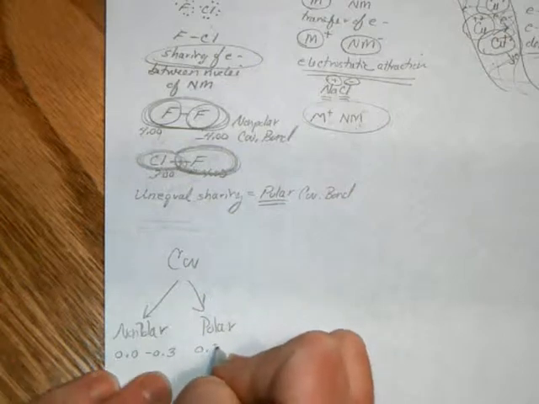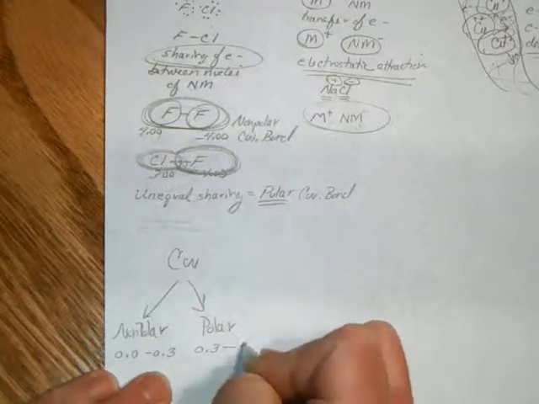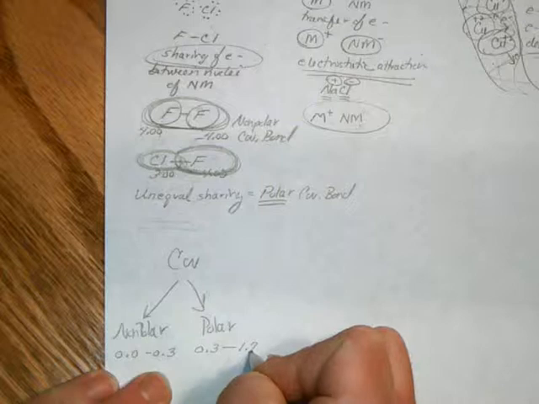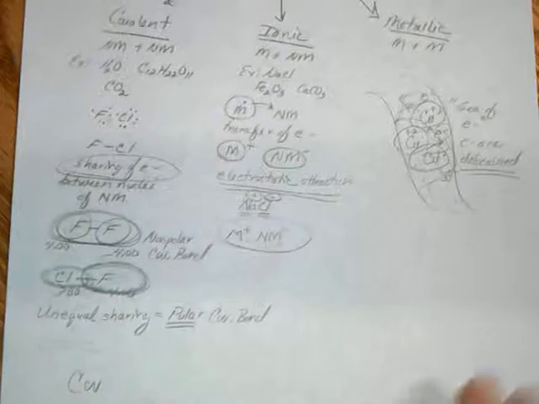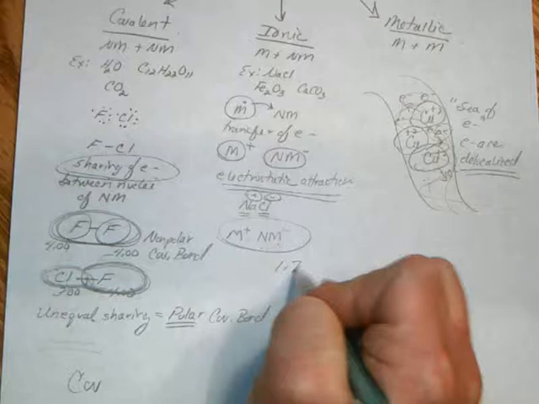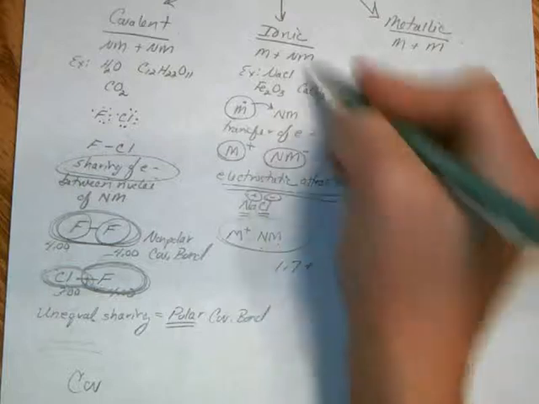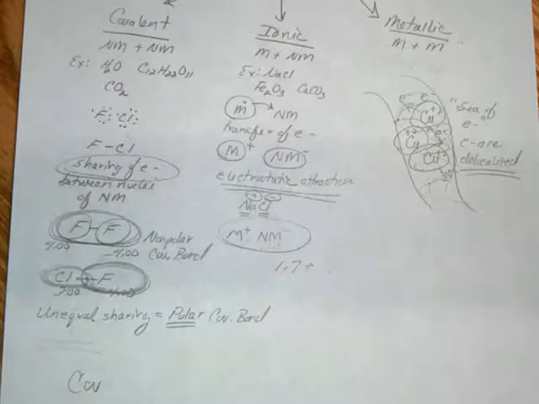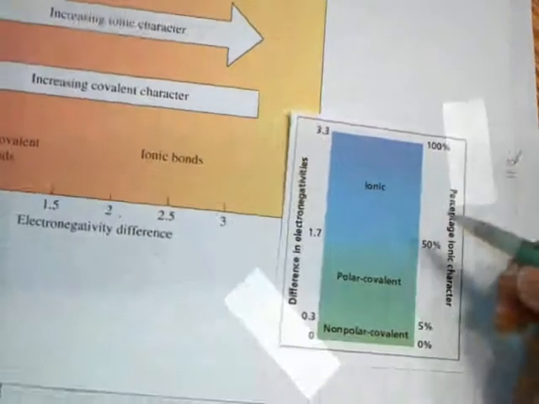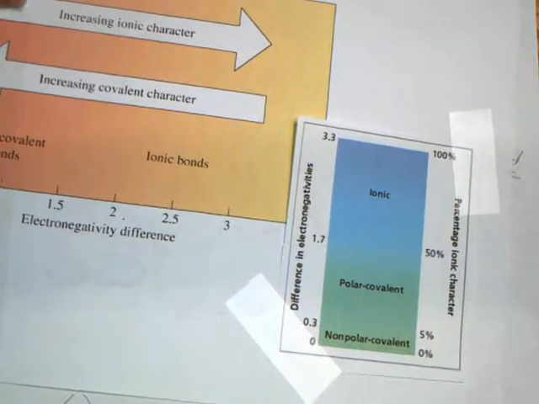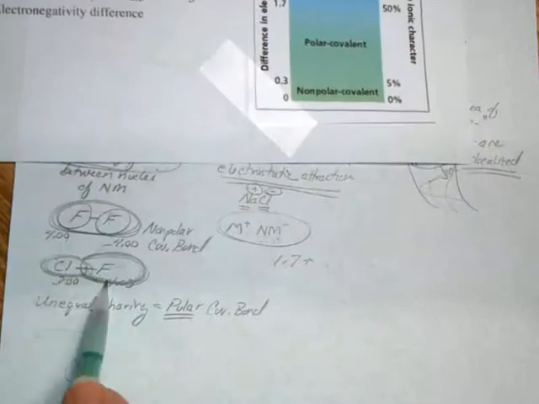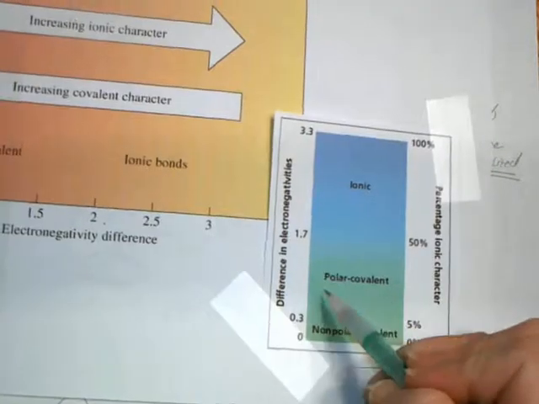If it is 0.3 up to 1.7, then it would be polar covalent. If it is 1.7 or above, we put it in the ionic realm. So remember, the sodium and chlorine fell here. The case of chlorine and fluorine being a difference of 1 would fall in the polar covalent.